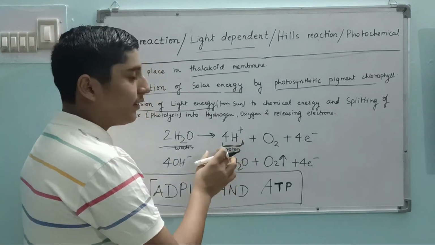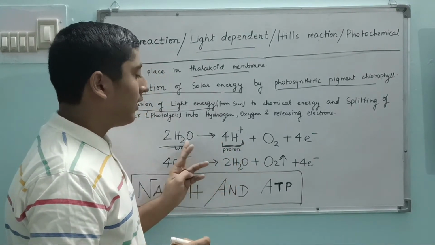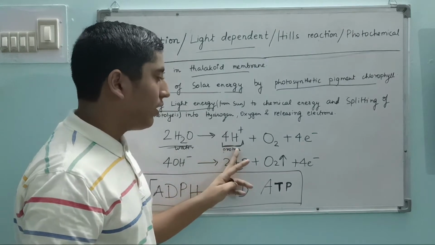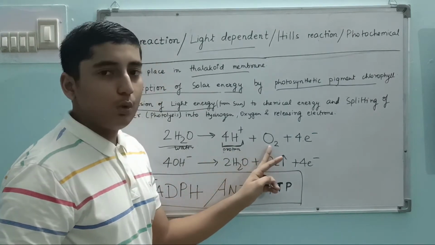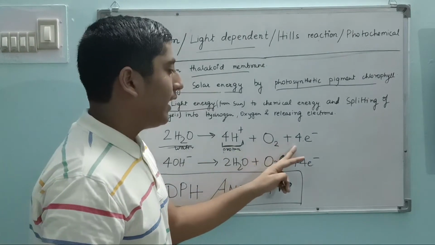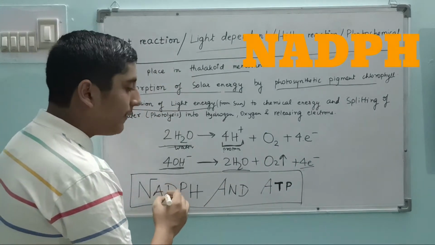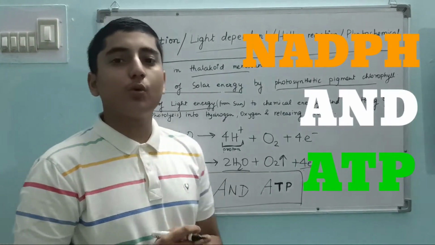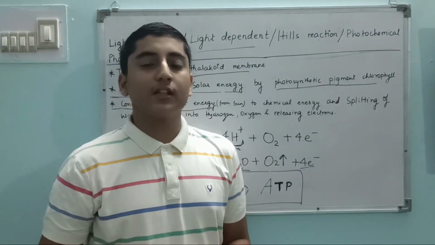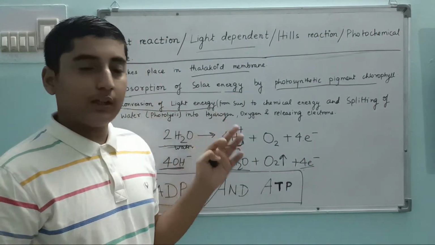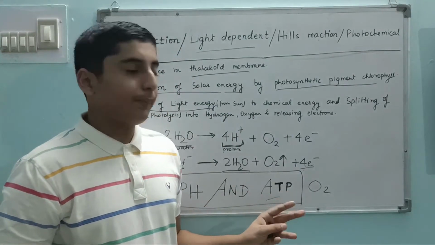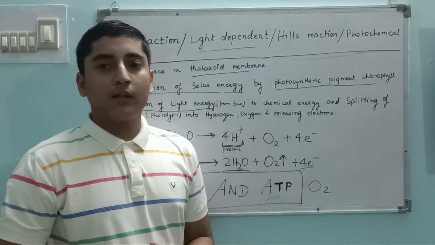So water splits into 4H+, O2, oxygen is released, and 4 electrons. Always remember NADPH and ATP are the two components synthesized in the light reaction. O2 is also released in the light reaction.